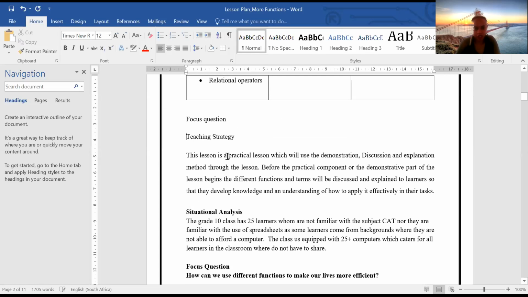Then we go to our teaching strategy. Here we mix again. I'm going to write, because repetition is the mother of all. Behaviorism, that is instructivism, where you are instructing the learners, versus constructivism.